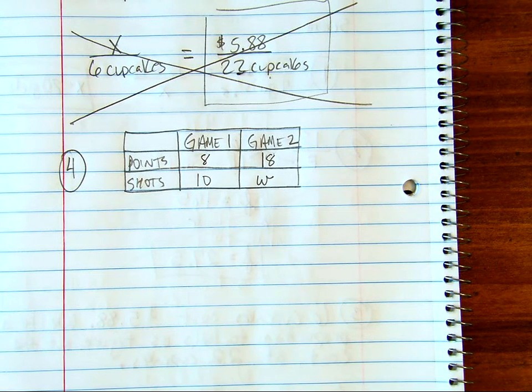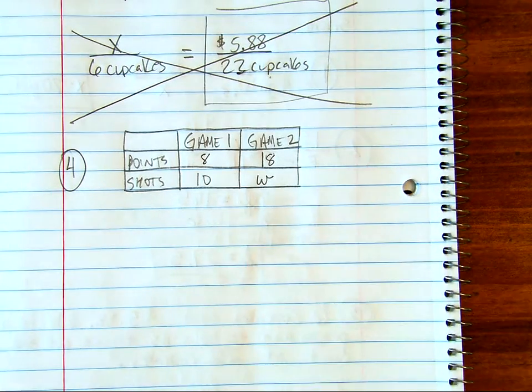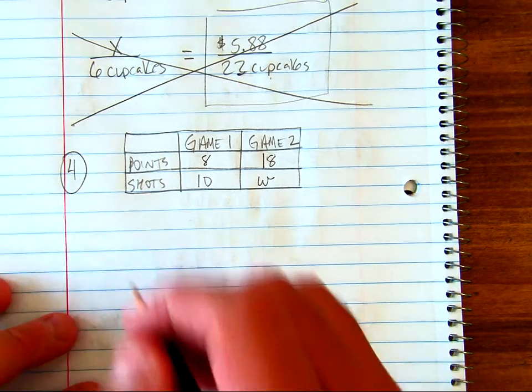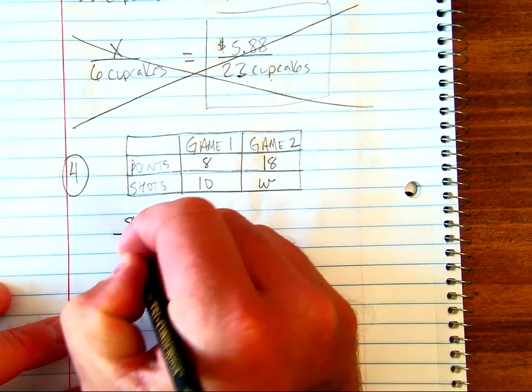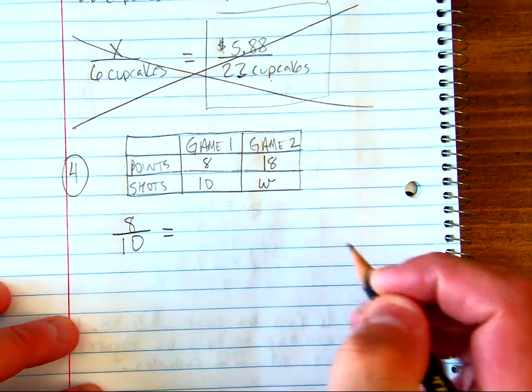So we need to figure out the value of W. We need to figure out how many shots this person took in game 2. Is there a proportion that we could set up to help us solve this problem? Can you come up with a proportion? Scott? 8 points over 10 shots, and then 18 points over W shots.